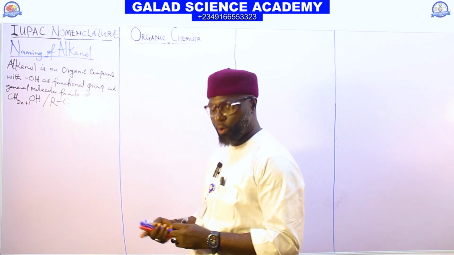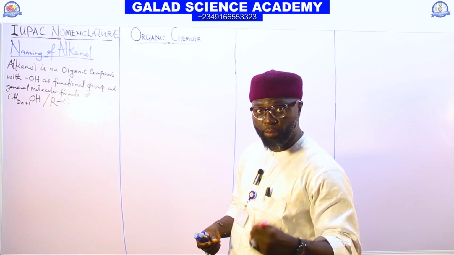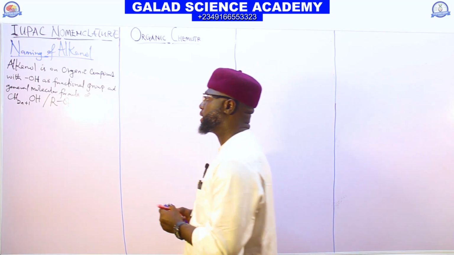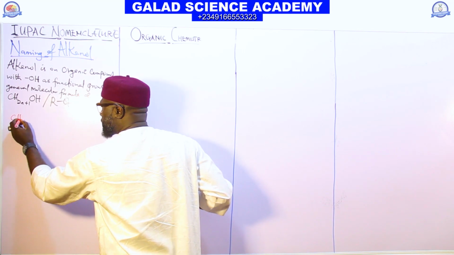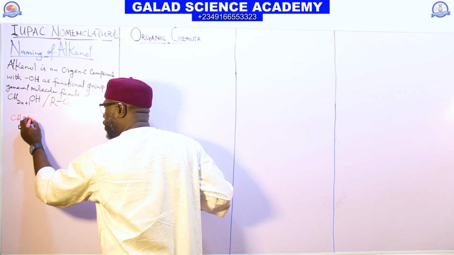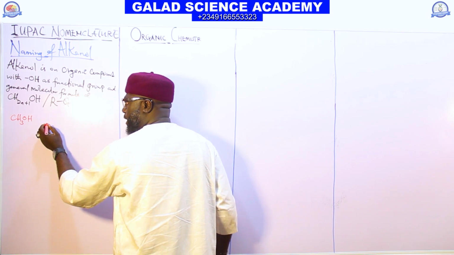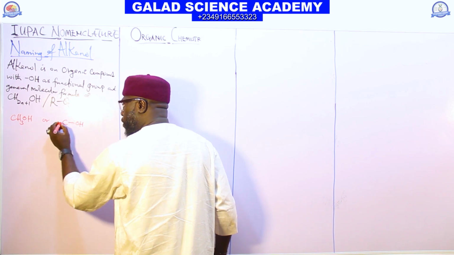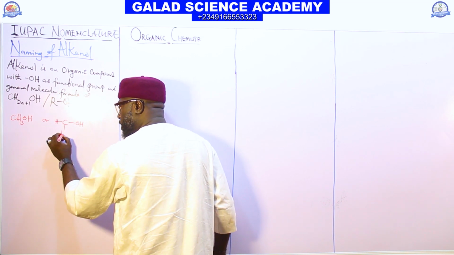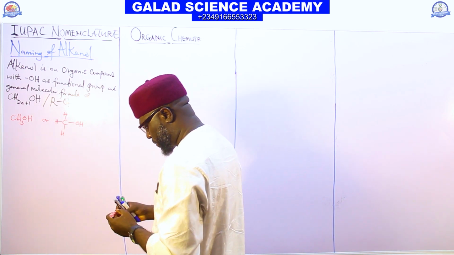And in this case now, if you want to name the compound, we have a compound of CH3OH. Look at this compound, or we can draw it in this form, C, O, H, H. You are now asked to name it.